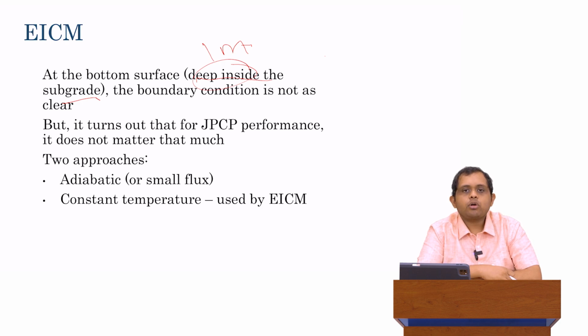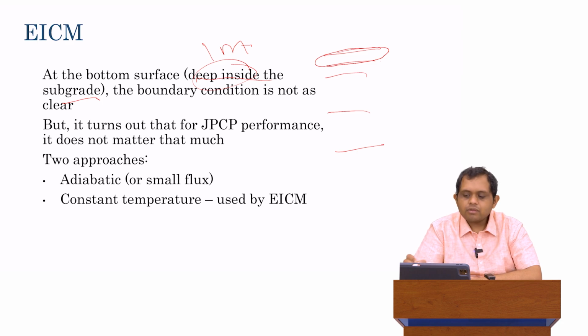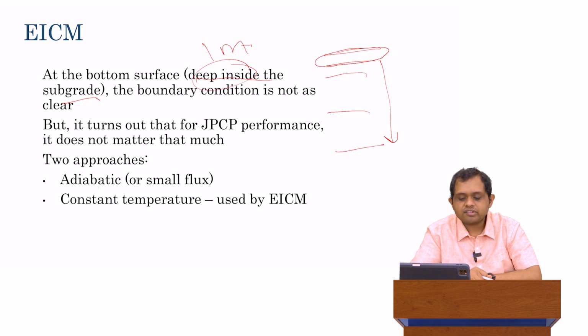It's not a very important boundary condition because again, for JPCP, we have a multi-layered system. We are really interested in the temperature distribution at the top. The remaining, we are not too concerned about, which means we can start accumulating a little bit of error as we go deeper. It's not too important as far as the performance of the JPCP itself is concerned.